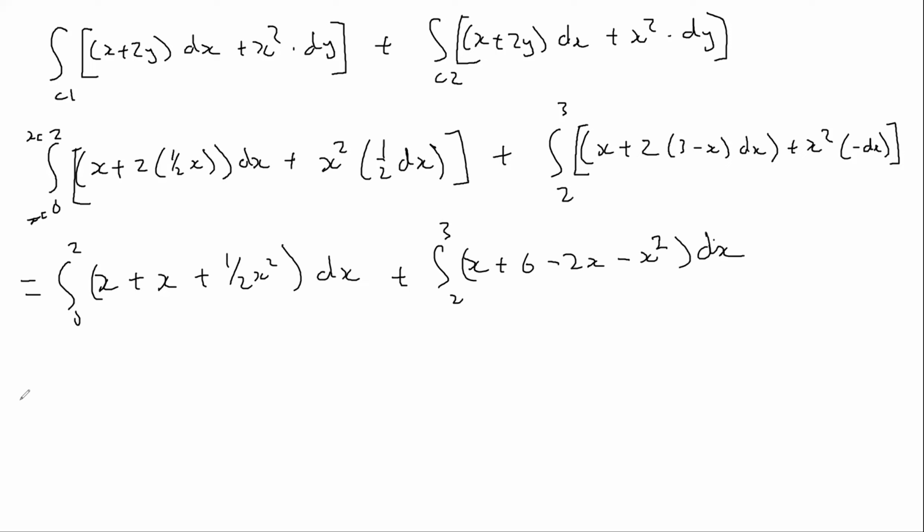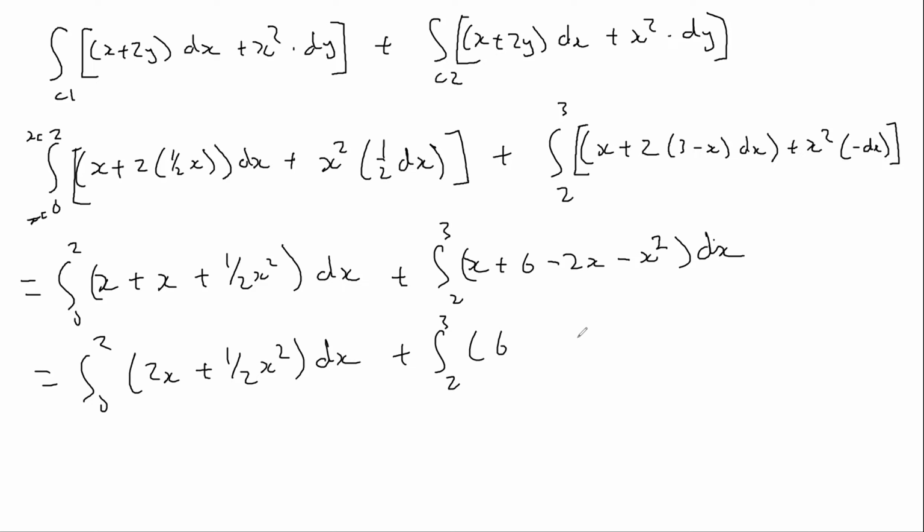All right, so you can simplify this further, 0 to 2, and we'll get 2x plus 1/2 x squared dx, plus, let's go from 2 to 3, multiplied by 6 minus x squared dx.